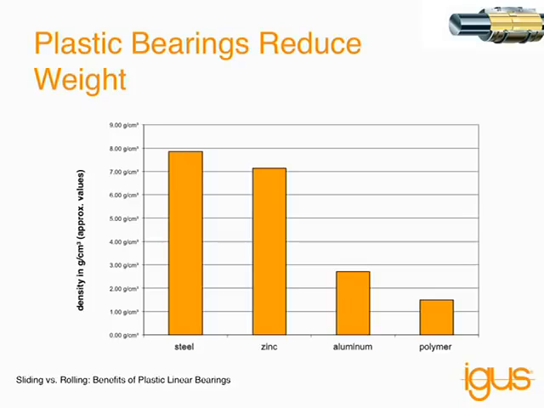It's important to keep the weight down in any machine design of the movements. That reduces the inertia and the moments in the system. It reduces the stresses on the motors, on the pulleys, on anything else in the application. You can use plastic bearings to lower the weight of your designs as well.